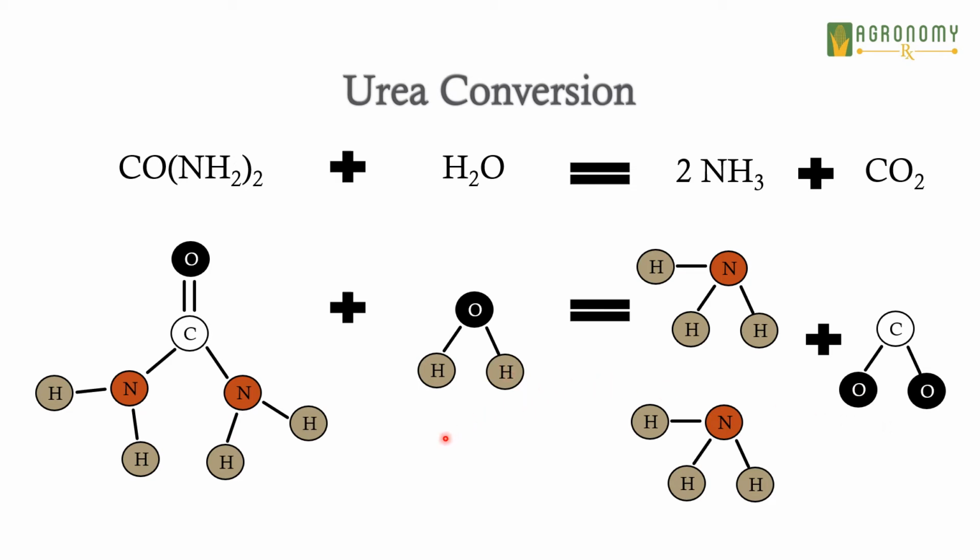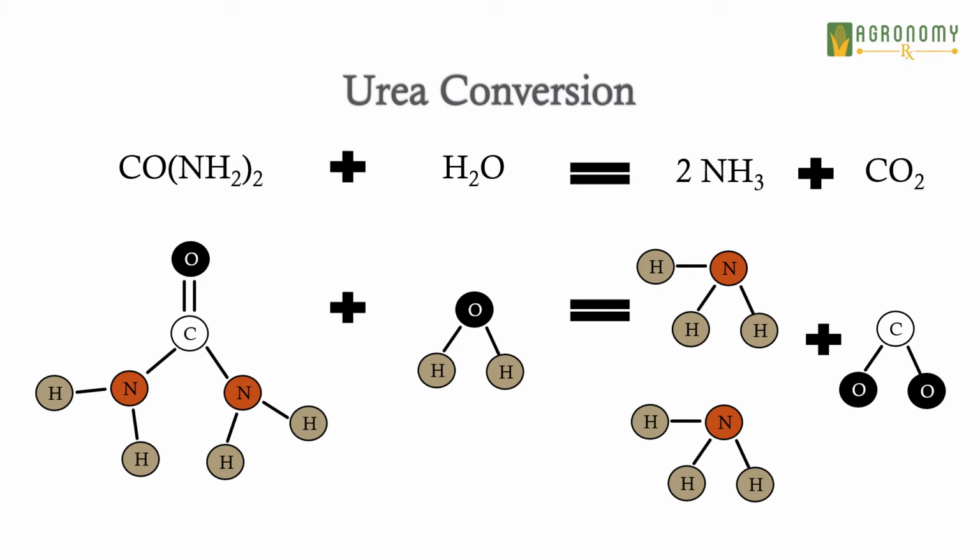Real quick, looking at urea stabilization processes, those urease enzyme inhibitors protect this molecule from being broken down by those enzymes. However, once it starts reacting with water, that process is going to happen and it is going to convert to NH3.